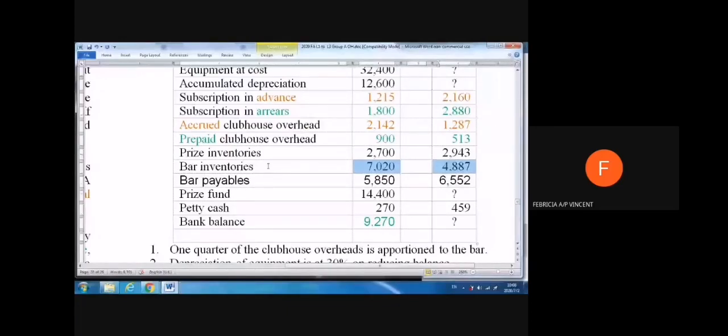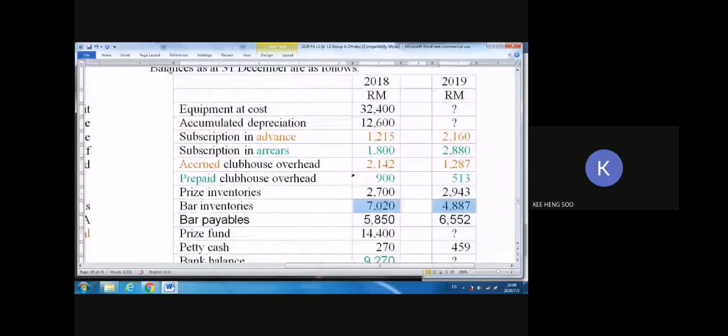The closing inventory is 19,125. No, bar inventory is 7,020. Do you see my screen or not? I'm asking about the closing inventory and the opening one, the last part: the 927, 9,270 and 19,125.